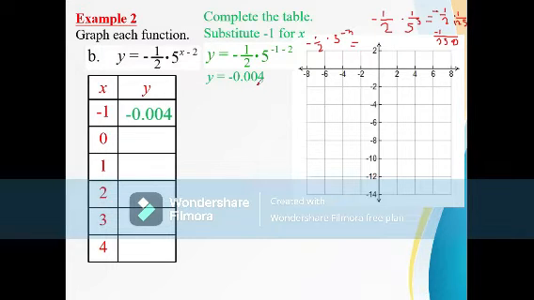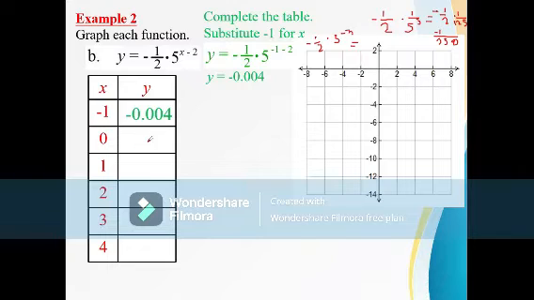A while ago I told you that you just simply write up to the hundredths place, but in this case it's 0.00. You will end up with this 1 in the thousandths place, so you need to complete the answer, because remember, we cannot have y equal to 0. It's asymptotic to the x-axis, so it will never cross or touch the x-axis.